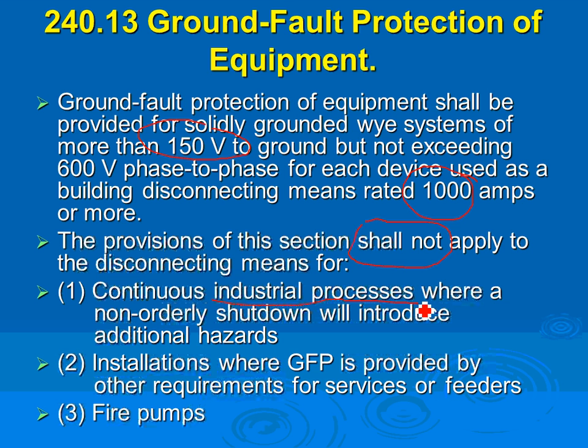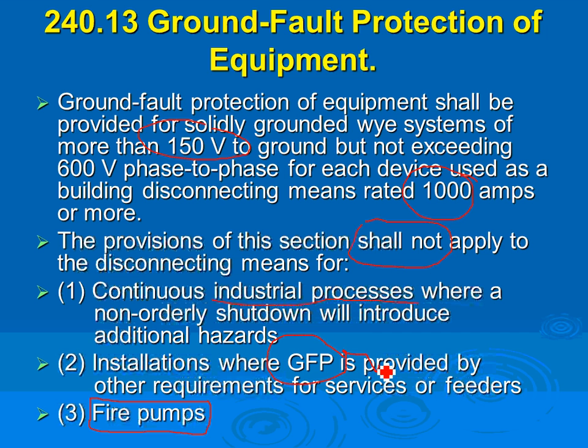If you trip, you create more hazard by interrupting the process? No. How about your fire pump, pumping water for the fire? Do you really want to, as you call on the fire pump to come in, say oops, we have a ground fault, we're going to trip, we'll wait?